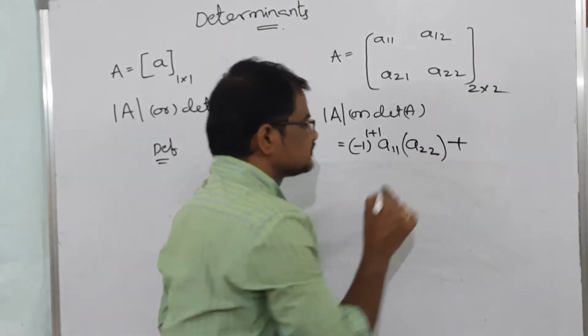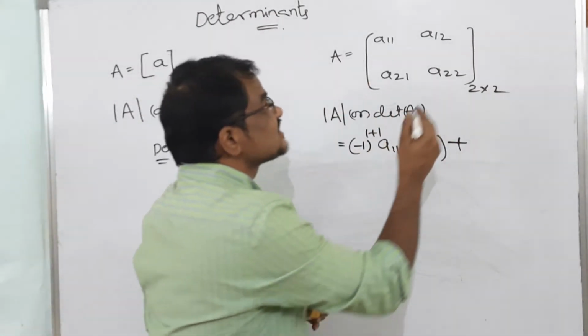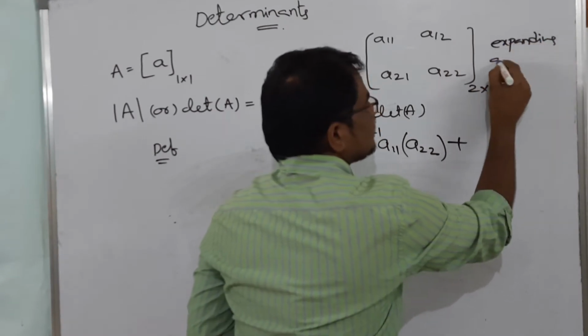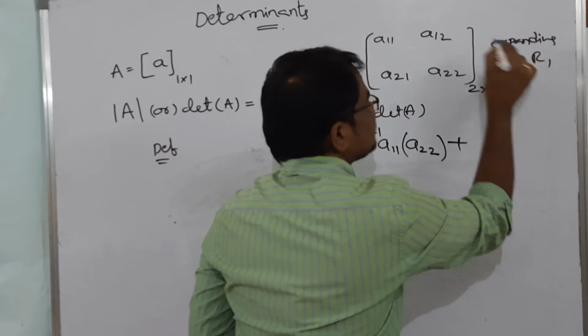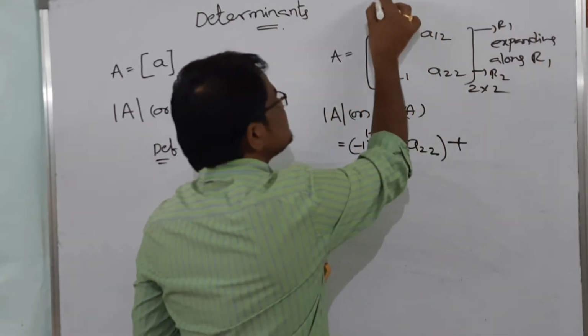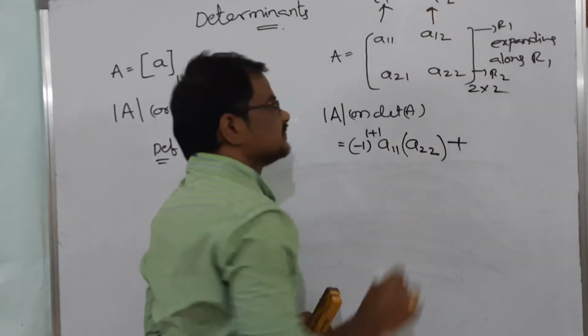Plus, expanding along R1, this is R1 and this is R2, this is C1 and this is C2, right?